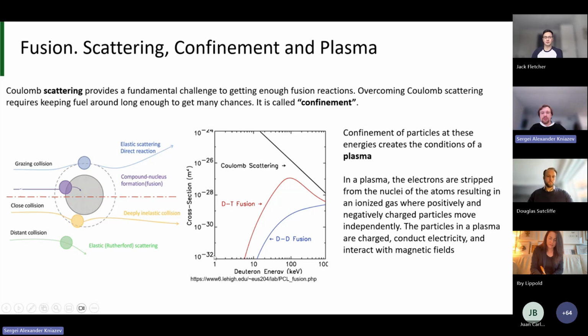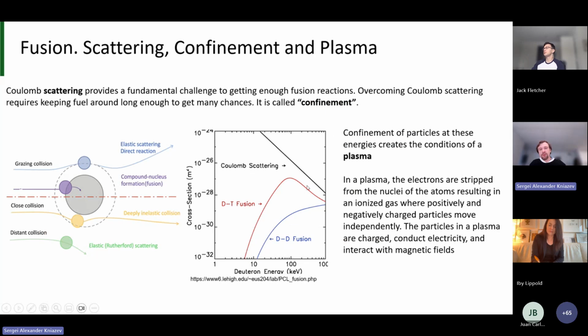As you see, this is the cross section of the deuterium-tritium fusion reaction. Let's say it's probability. The probability of Coulomb scattering in a collision is much higher than fusion. So that's why you need to give fuel as many chances as possible by staying long enough to get many chances, and this is called confinement.